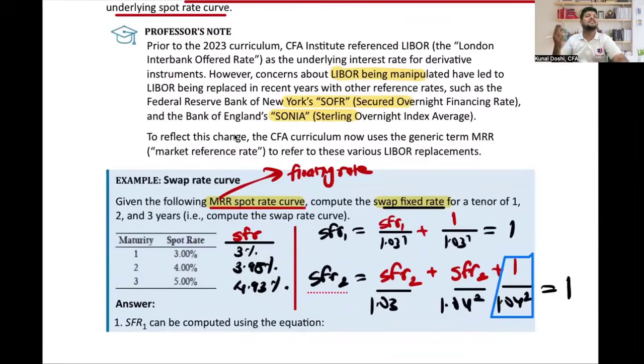How to derive the swap fixed rate? The process is the same as what we did for a par bond. Remember, in a par bond, the price of the bond is always at par. Here, to derive the swap fixed rate, we assume a fixed rate across the maturity and compare that with the floating rate.